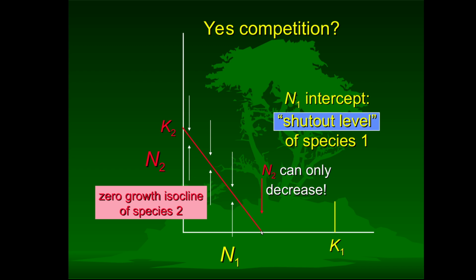If species 1 increases to this value, its shutout level, then it is consuming all of species 2's limiting resource, and species 2 no longer has any limiting resource available to it. So its population cannot increase above 0 if the population density of 1 is at this point or above.